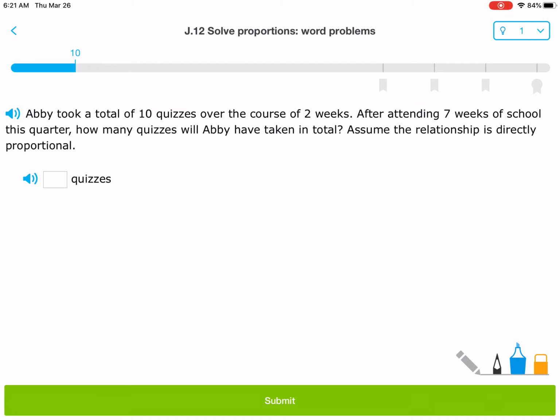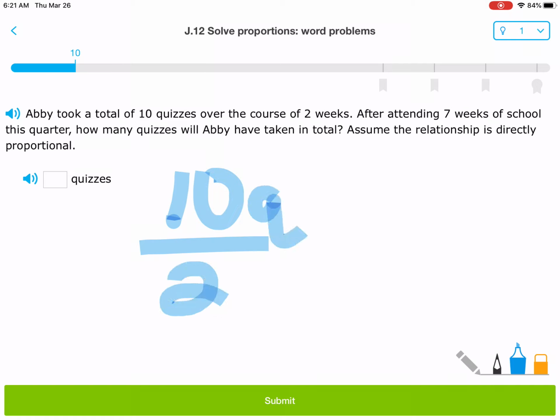Abby took a total of 10 quizzes over the course of 2 weeks. So right there, 10 quizzes in 2 weeks. After attending 7 weeks of school this quarter, how many quizzes will Abby have taken in total? So where is the 7 going to go? Is it going to go with the quizzes or the weeks?